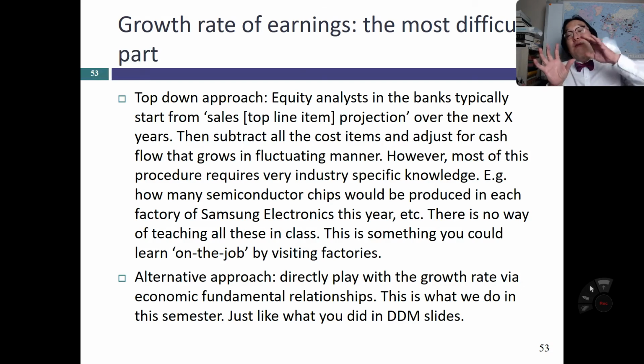Instead of coming all the way from the top of sales to the bottom of net income, all the way down, and then estimating its growth going into the future, that's industry specific, I said. Instead of doing that, we're going to directly estimate your growth rate in net income.